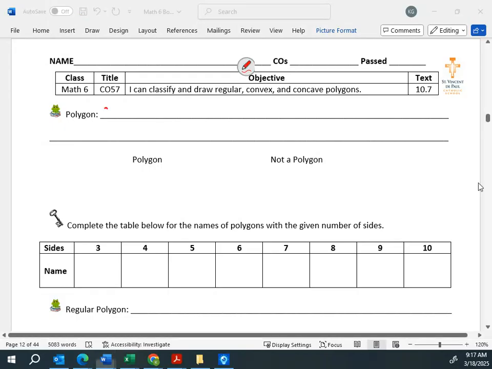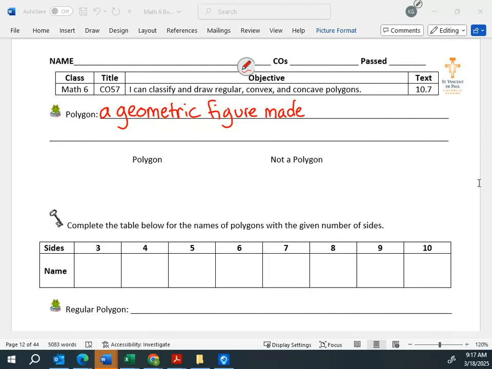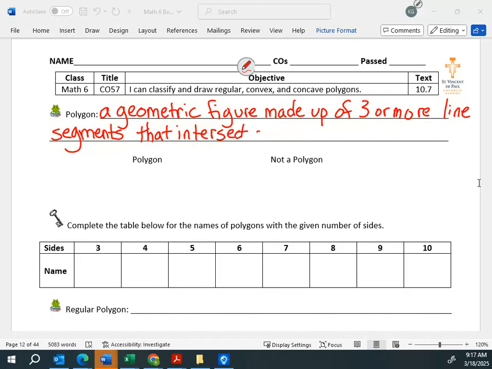A polygon is a geometric figure made up of three or more line segments that intersect only at their endpoints.